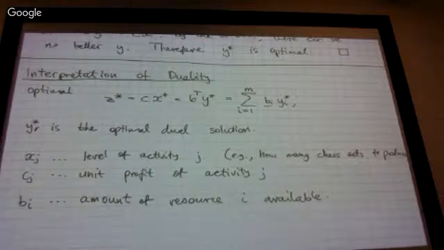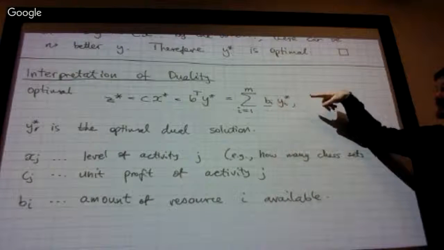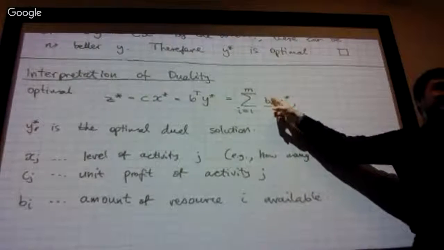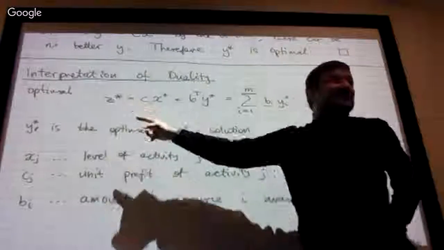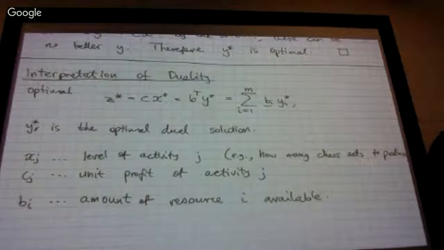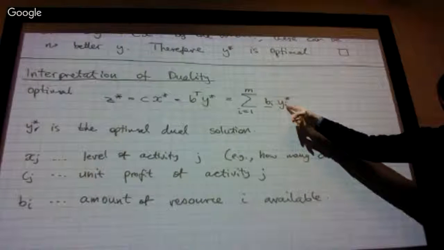Now, what is this telling us? This is telling us that I can increase the amount of resource available. What's going to happen to my optimal profit? It's going to increase by the value of the dual optimal solution.